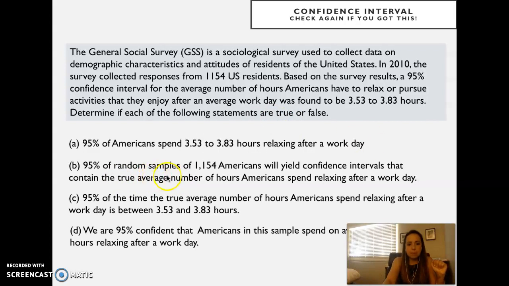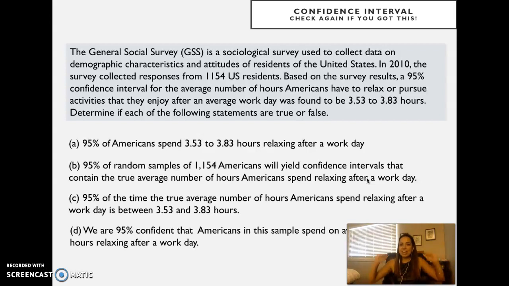95% of random samples of 1,154 Americans will yield confidence intervals that contain the true average number of hours Americans spend relaxing after a workday. Now that's a definition of a confidence interval.